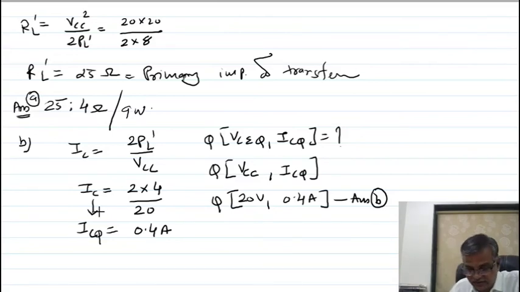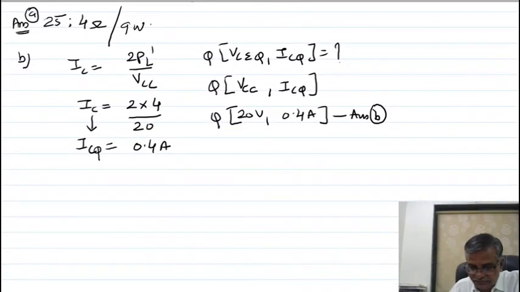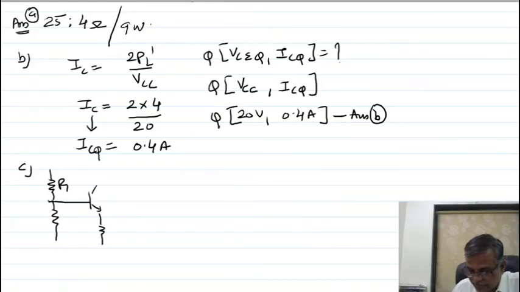Now third, they are asking you the value of R1 and R2. You already know from the circuit diagram, you must remember this circuit. I am showing you the circuit. This is VR2, this is R2, so this is your VB.